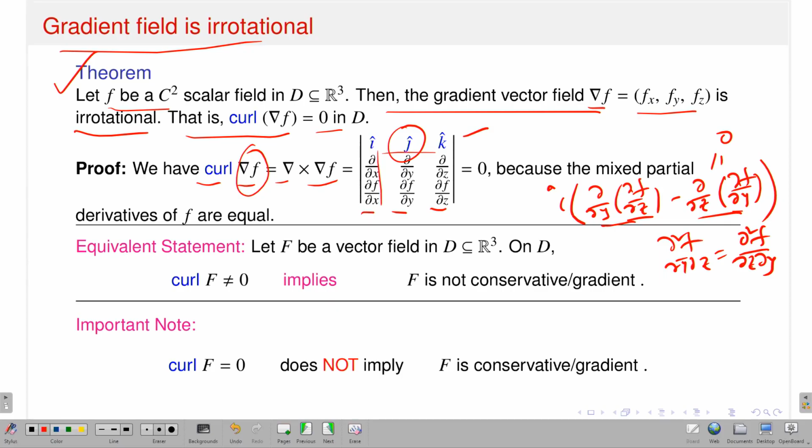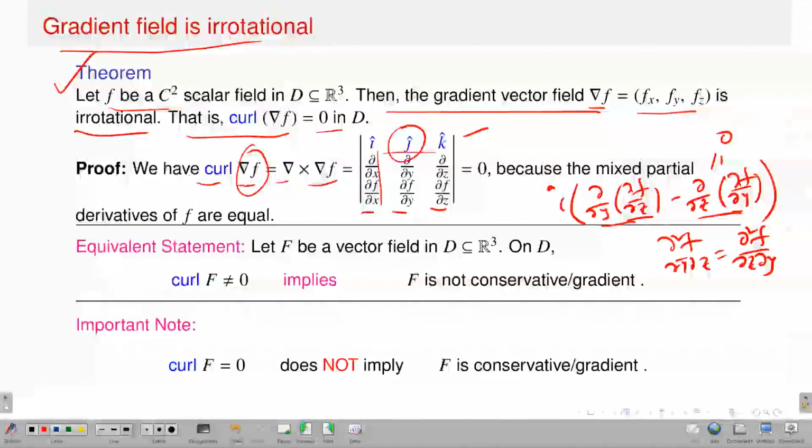Both are the same. Similarly the k cap component is the mixed partial derivative with respect to x and y, first y then x, or first x then y. Since they are continuous, they are equal. Therefore all the components of i cap, j cap and k cap are 0. So the curl is 0, and therefore the corresponding gradient vector field is irrotational.